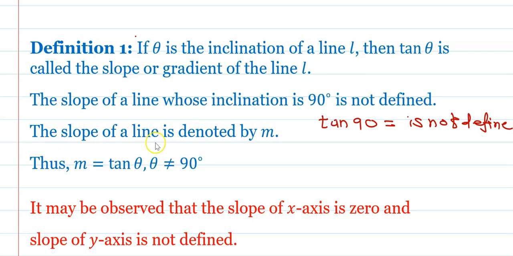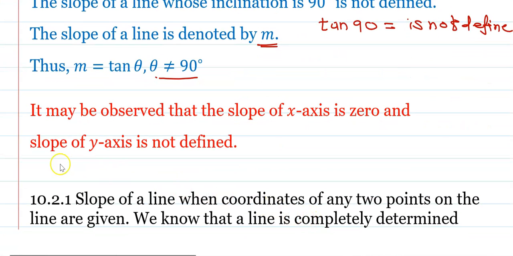The slope of a line is always denoted by small m. Thus m equals tan theta, where theta is not equal to 90. It may be observed that the slope of the x-axis is 0 and the slope of the y-axis is not defined. Yes, the slope of the x-axis: the angle made by the x-axis with itself is 0, and tan 0 is 0.